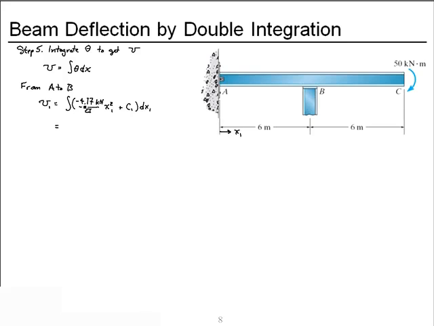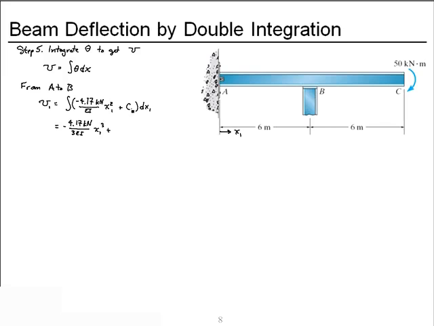We're integrating a polynomial with two terms, one of them being the constant. So we'll raise the power of this term, x cubed, and we'll divide it by that new power. So we get a minus 4.17 kilonewton over 3EI x1 cubed.